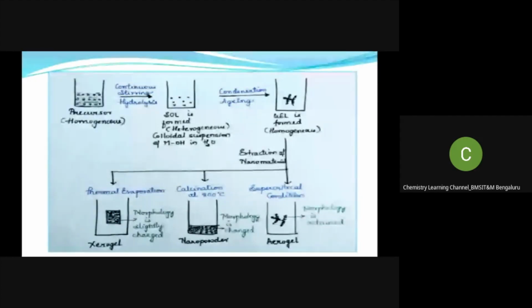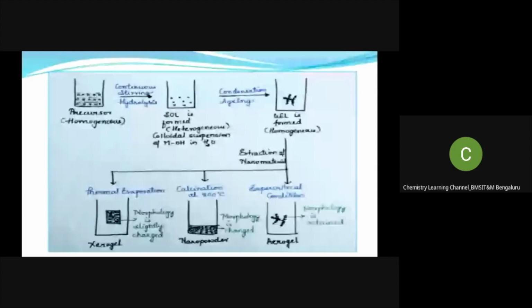For extraction of nanomaterials, we can extract it by three methods: thermal evaporation, calcination, and supercritical condensation. In supercritical condensation, we have to maintain pressure and temperature above the critical pressure and critical temperature, which will remove the solvent from the gel.